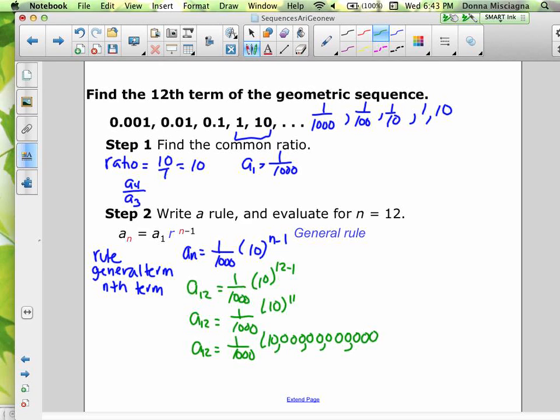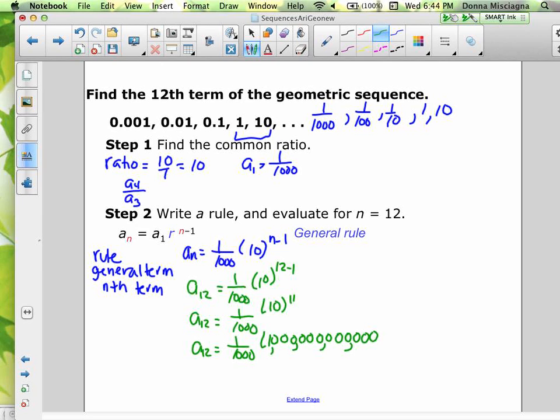So this is hundreds, thousands. Oops, one of mine's in the wrong spot when I was counting there. Let me just fix my comma there. 2, 3, and 1, 2, 3. So millions, billions, a trillion.